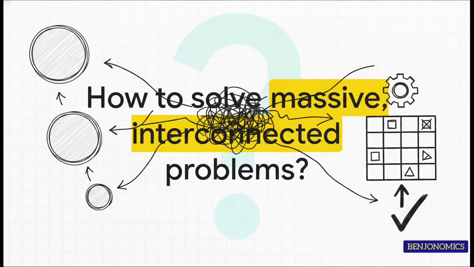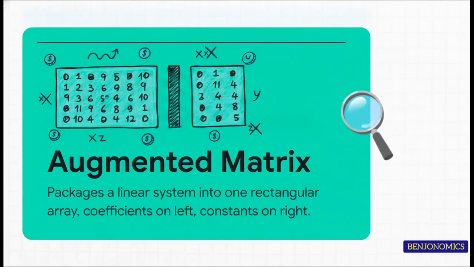We literally need a way to organize all this chaos into something manageable. And that brings us to our crucial mathematical tool, which essentially acts like a giant sandbox. An augmented matrix isolates the pure numbers from all those messy, confusing variables so we can manipulate them cleanly.